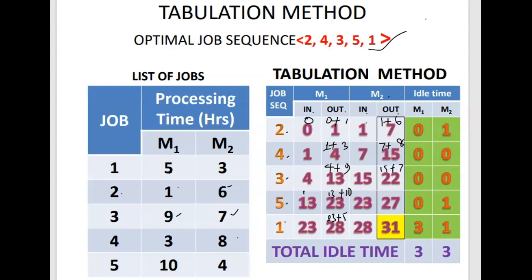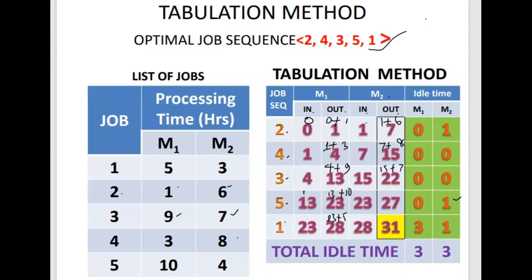That means machine 1 finished the work on job 5 at the 23rd hour. That means machine 2 has to wait an additional 1 hour to get the next job. So after finishing job 3 on the 22nd hour, it waited an additional 1 hour to get job 5. That is where it was idle.